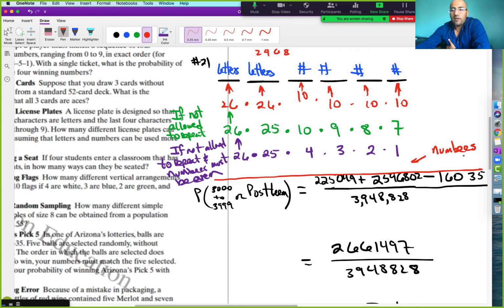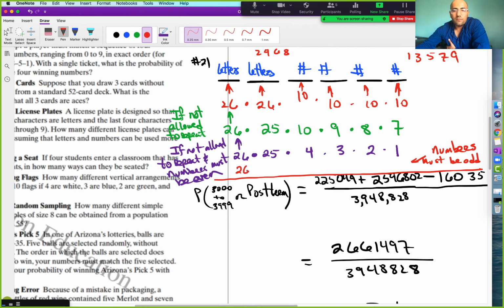Numbers. Let's stick with odd now. Numbers must be odd. Okay, so we have 1, 3, 5, 7, and 9. 1, 2, 3, 4, 5. 5 odd ones. Okay, but we are allowed to repeat.